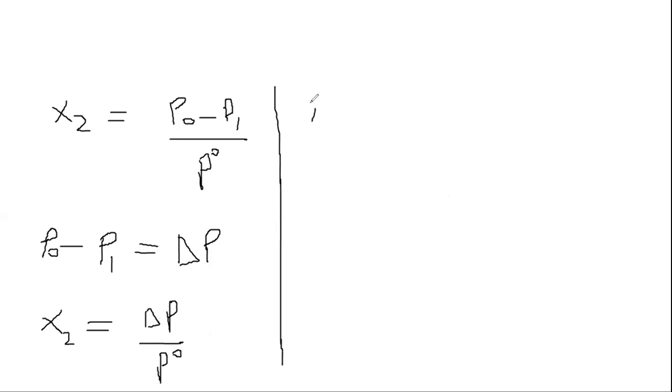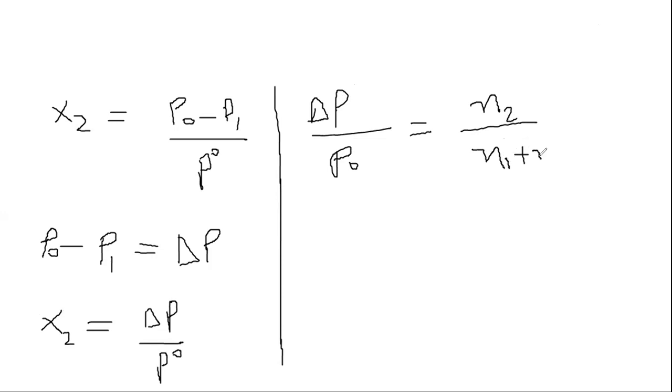I'm again writing delta P over P naught equal to, no, I'm expanding the x2. X2 is the mole fraction of the solute. So I'm replacing it over here. It is N2 divided by the total moles. Total moles is the moles of the solvent plus the moles of the solute. And as you remember, 1 is for the solvent, 2 is for the solute.